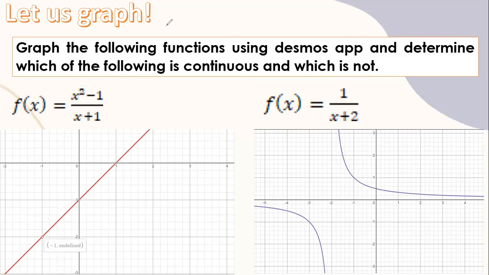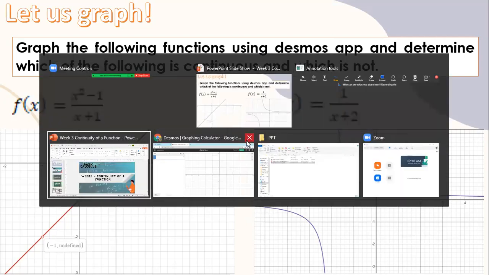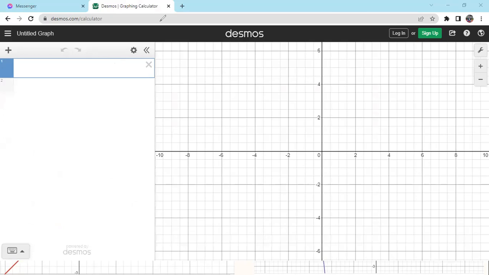For our first one, f of x is equal to x squared minus 1 over x plus 1. We will be using our Desmos graphing calculator. I will show you how to use our Desmos calculator.